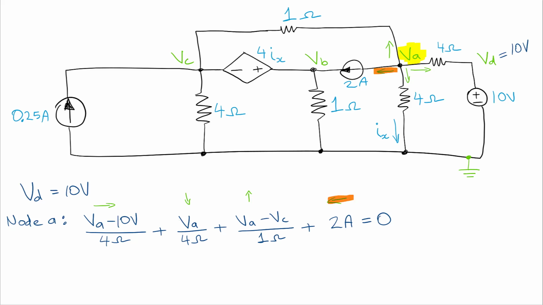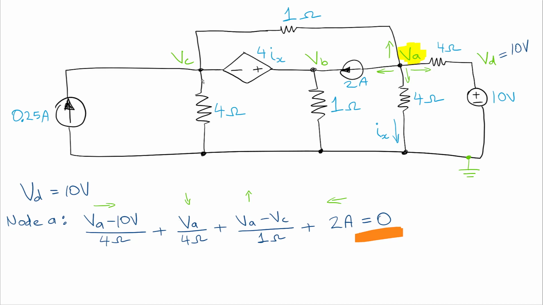We're defining the currents going out as positive, and the 2 amp current source is in the same direction as this reference current, so it's a positive value. So we add that current. And then because we're doing KCL, we need to have that term equal to 0. That's how you make the node voltage equation for node A.